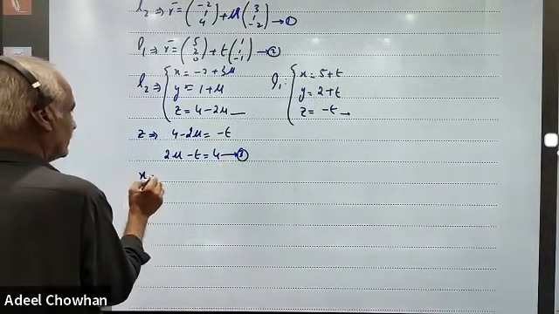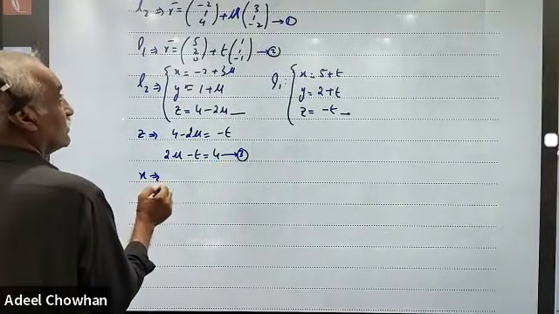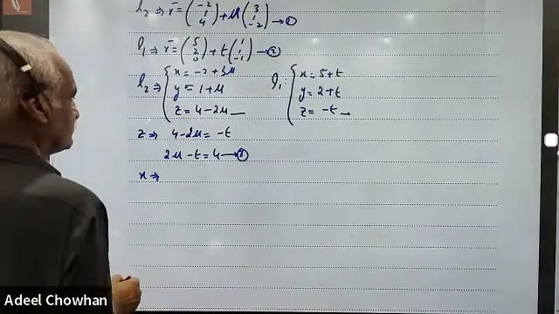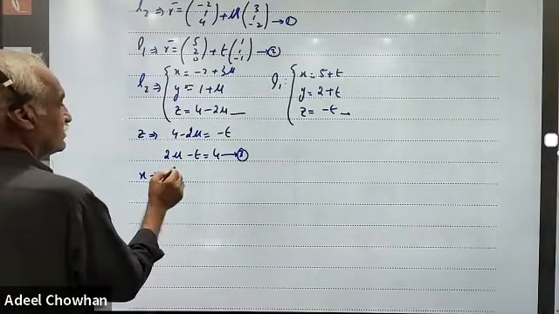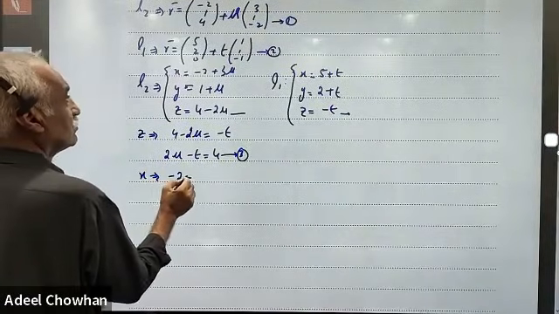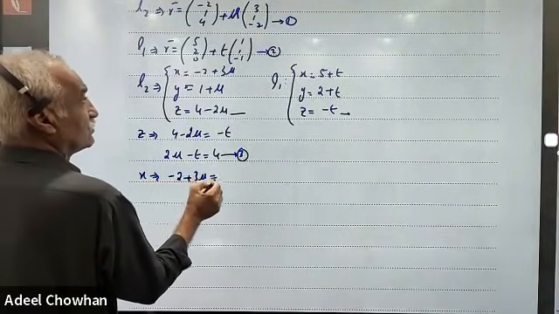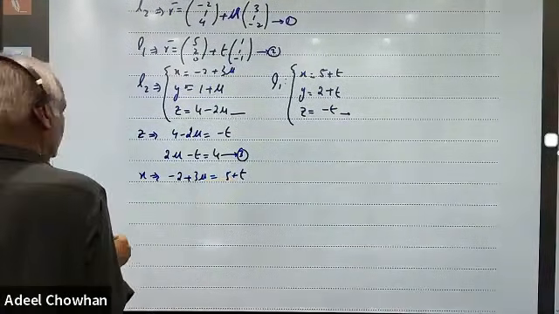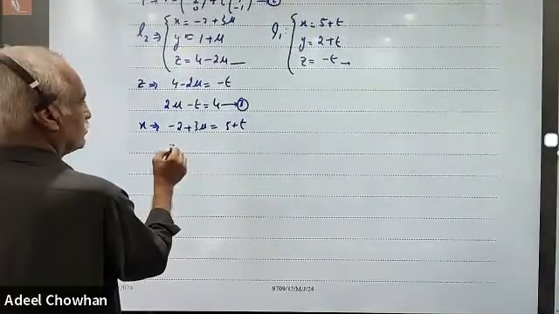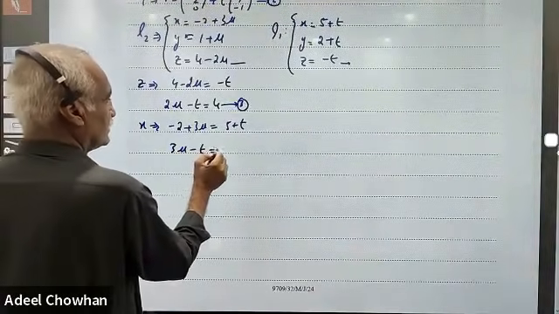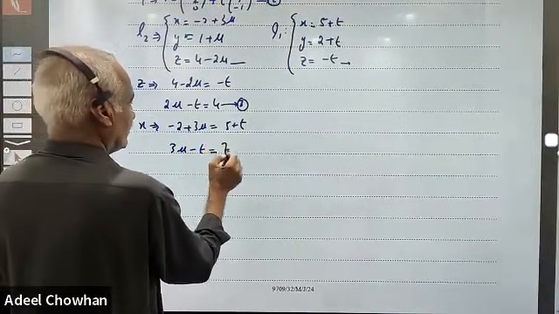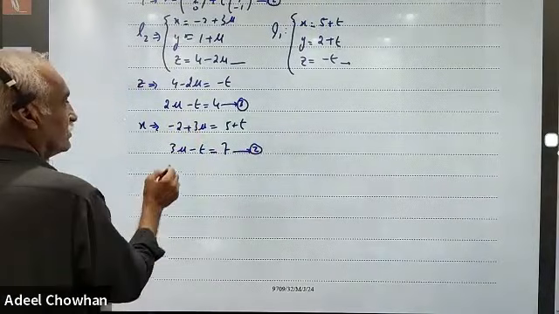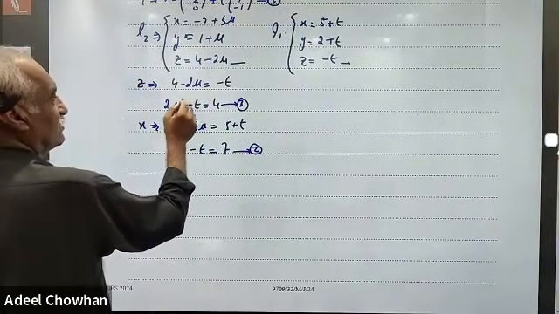Then we can calculate the x value. The x value is minus 2 plus 3 mu is equal to 5 plus t. So that should be 3 mu minus t is equal to 5 plus 2, which is 7. So you put the value of t into this part.